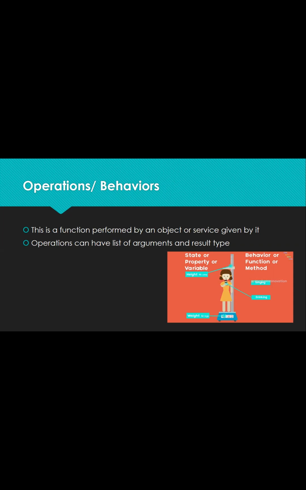You can touch them with your mouse and do things. Those buttons can submit the file or insert images. That is known as operations and behavior, and operations can have a list of arguments and result types.